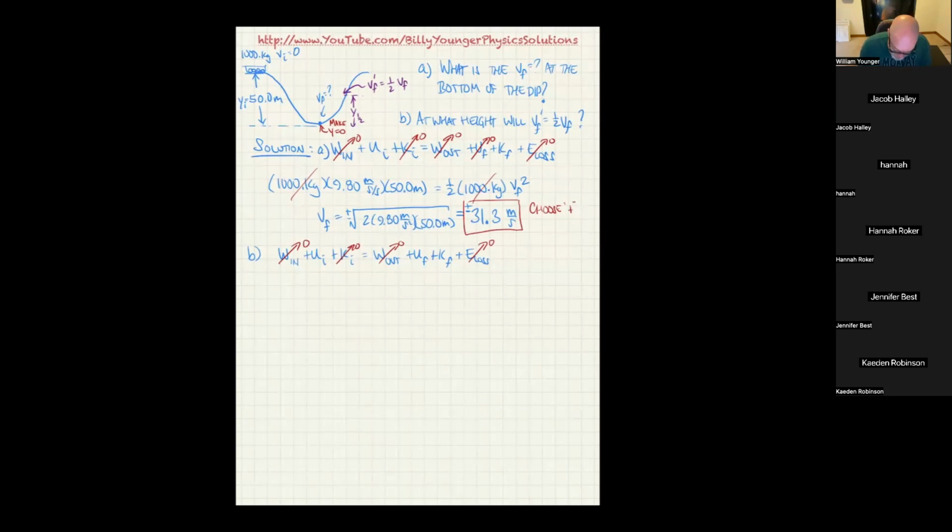Now I can write in 1,000 kilograms times 9.80 meters per second squared times 50.0 meters is equal to, and this is what we're looking for. We're actually looking for this height.